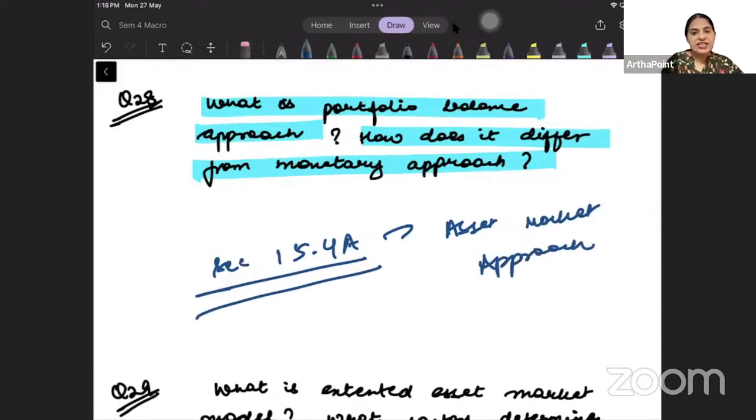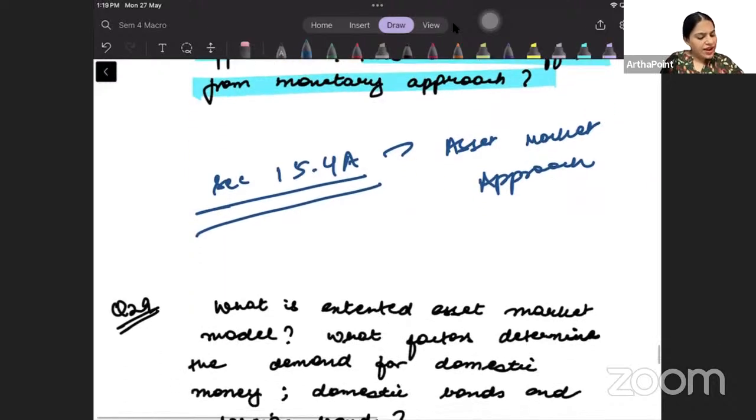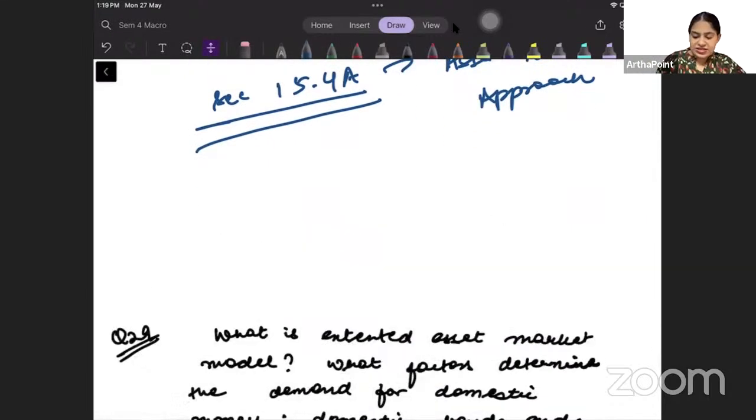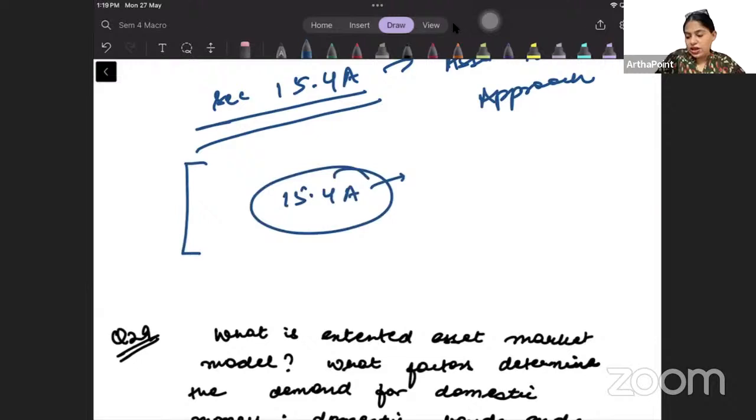So you have to do this well, and you have to also learn to find the difference between the two. If you go to the next paragraph under asset market approach, it says asset market approach differs from monetary approach, right? So that paragraph you have to do well. It is 15.4a, para number 2. You need to do this well, beta.